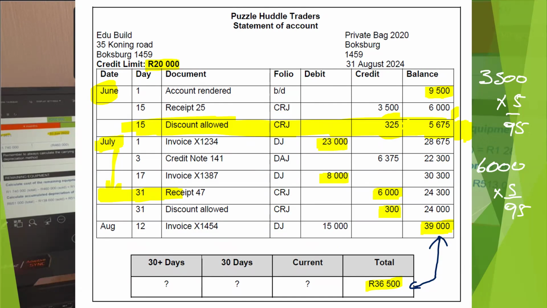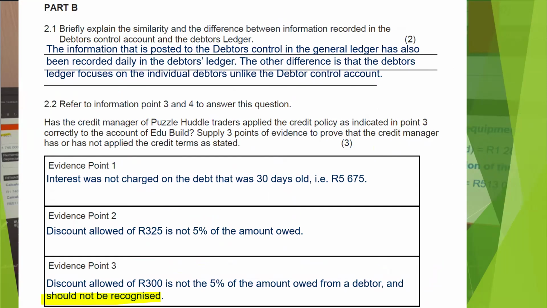That 6,000 is already at 95, as a payment excludes the discount that was offered. So I'm going to multiply it by 5 and divide it by 95. It will give me 315.79. It's not that 300 rand. So this 300 rand is actually incorrect. And in the first place, it wasn't supposed to have been recognized, but we'll let it slide for now. So that's why I said that it should not be recognized.